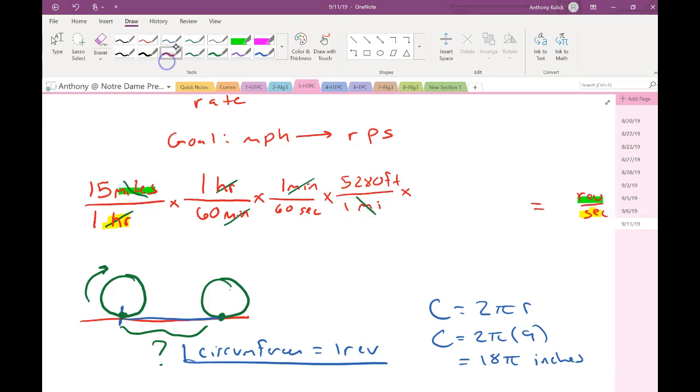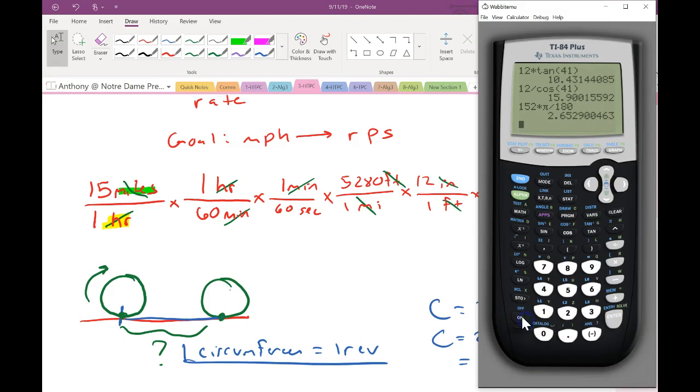And then to convert feet into inches, I know 1 foot is 12 inches. And then I can apply that 18 pi inches is 1 revolution. Everybody okay with that?